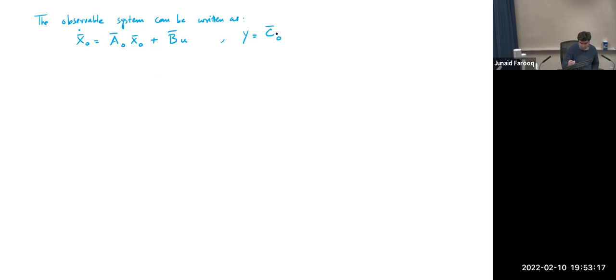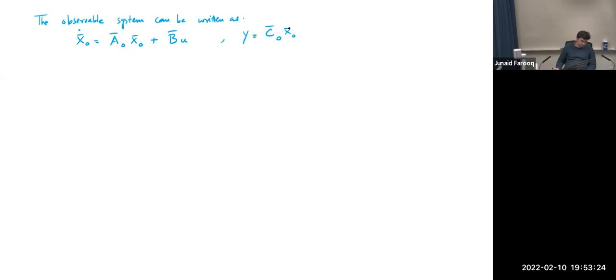So the observable system can be written as x observable dot equals A bar observable x bar observable plus B bar u, and the y is going to be C bar observable x observable bar.